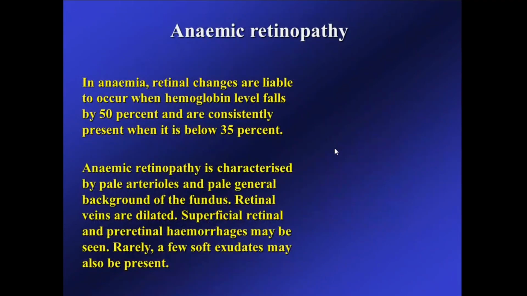Anemic retinopathy rather often appears in patients with a low hemoglobin. In anemia, retinal changes usually occur when hemoglobin level falls by 50% and are consistently present when below 35%.